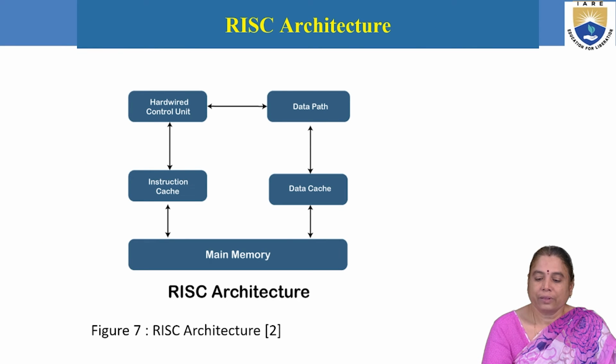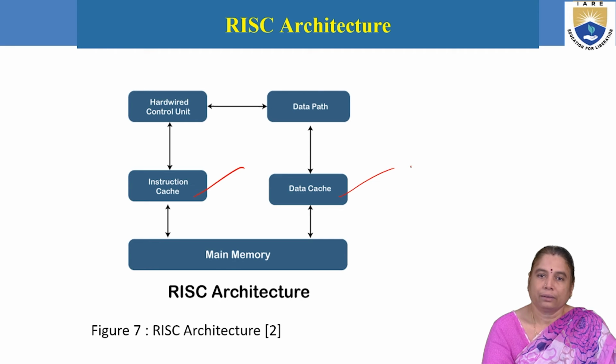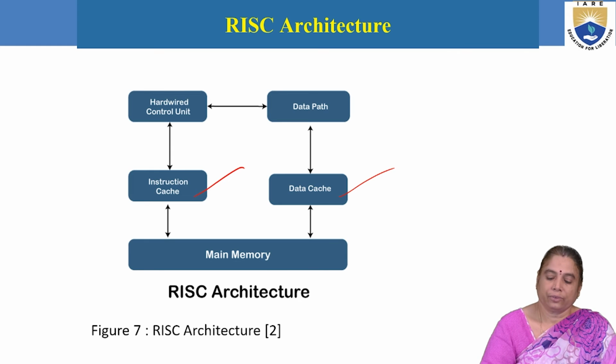And this is the RISC architecture. Two caches are available here for the main memory: one is the instruction cache, the second is the data cache. So the instruction and data are available at a time, and the execution of an instruction can be carried out in a single cycle with the RISC architecture.